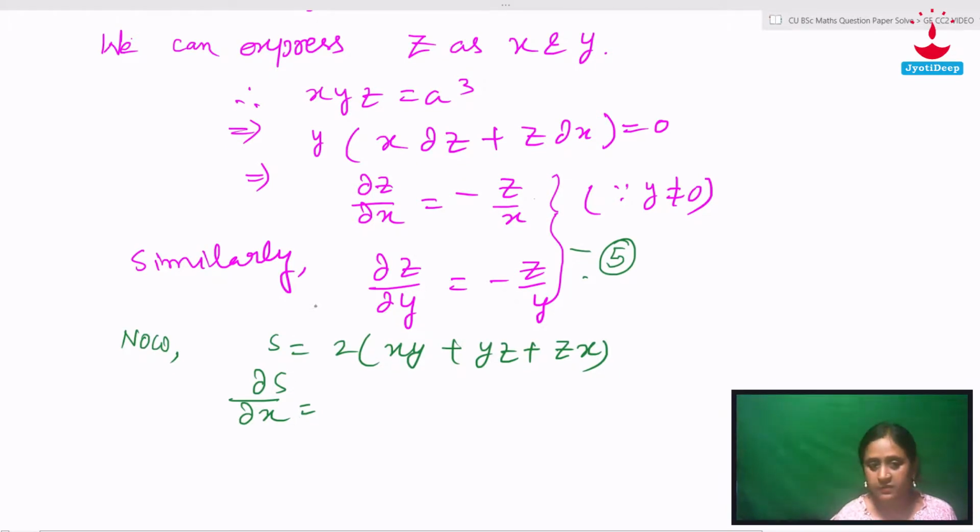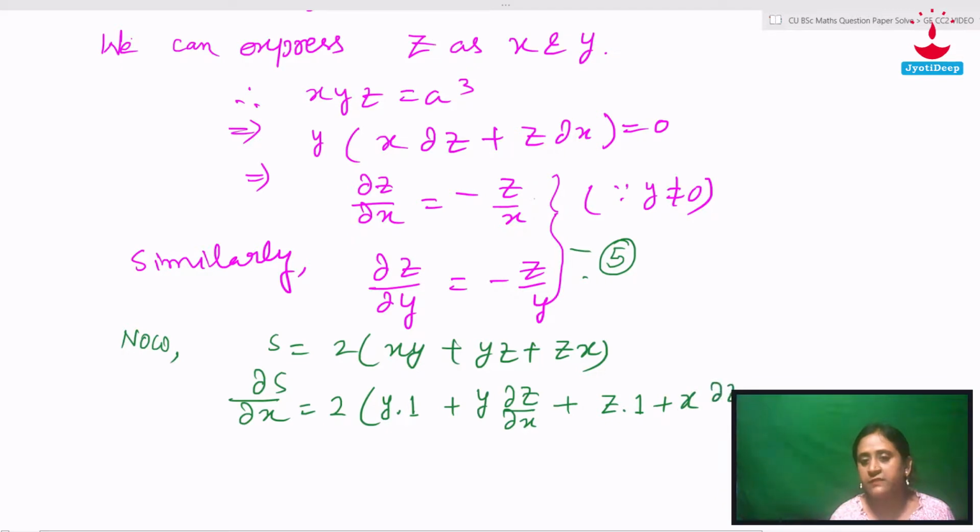So we will get 2 into, I am keeping y, differentiation of x is 1, plus y into del z by del x, plus z into differentiation of x is 1, plus x into del z by del x.